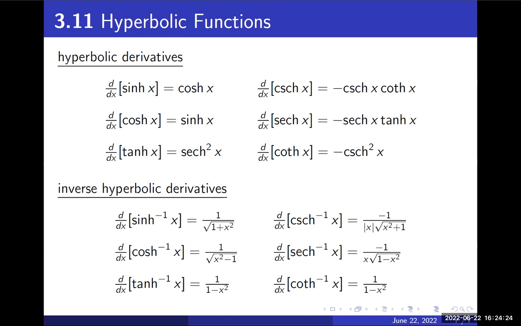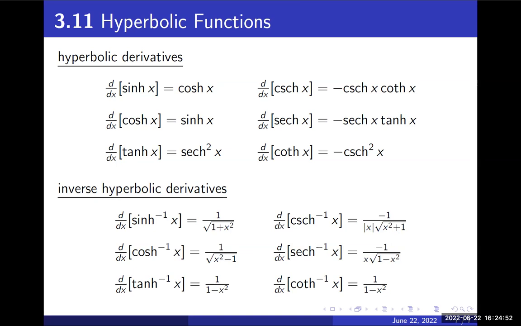And these are not as friendly. They remind us of the inverse trig derivatives. They're all fractions with square roots involved, and that's the way it goes. So wow, I just dropped 12 derivatives on you here at the end of this section. Well, that's just how it is.